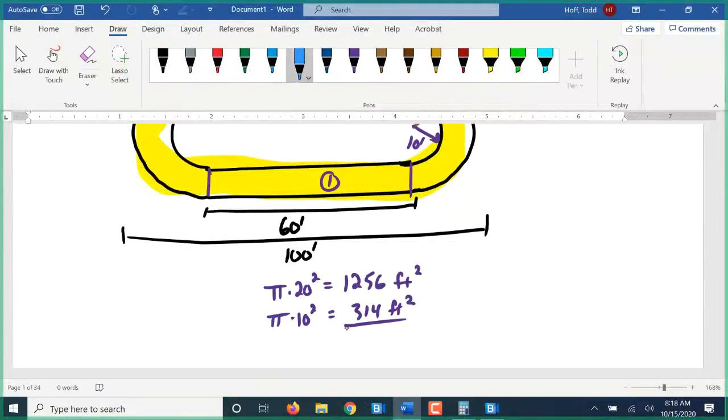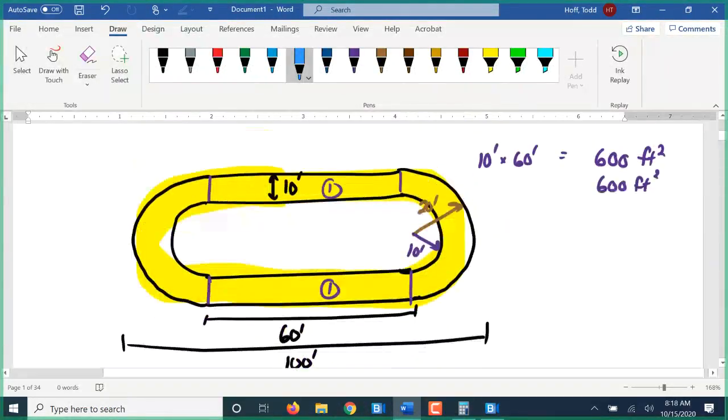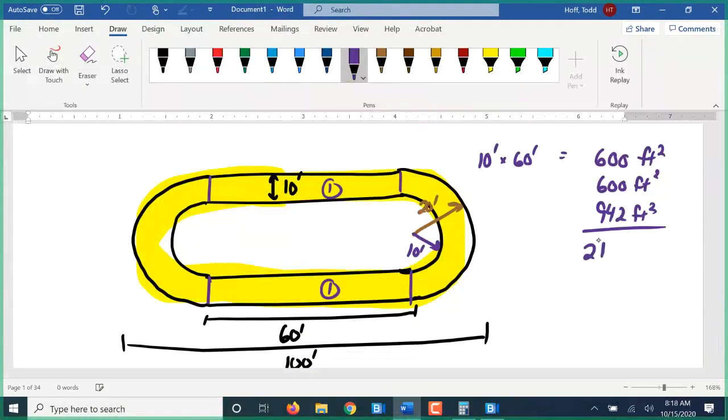We subtract there, we get a difference of 942 square feet. That's going to get added to our total up here. Here's a total of 2,142 square feet.